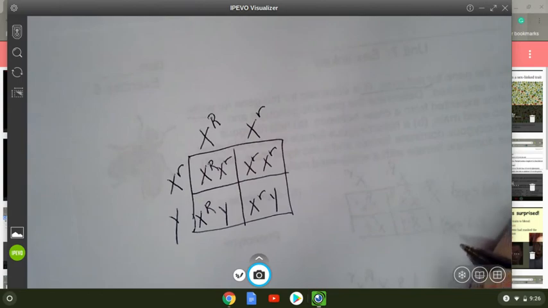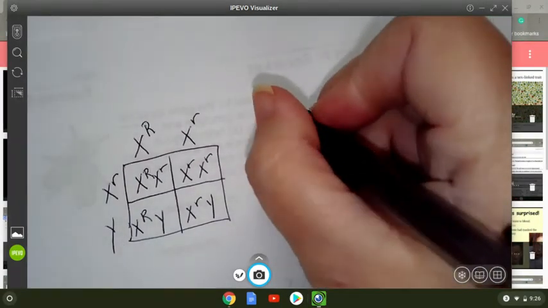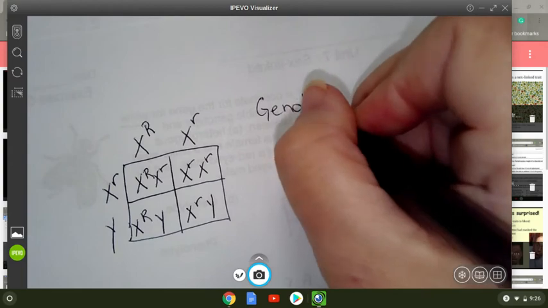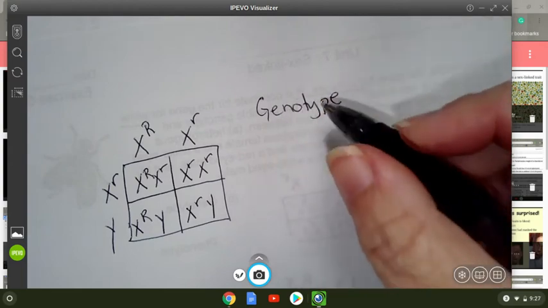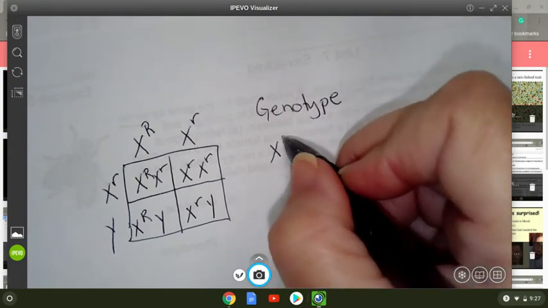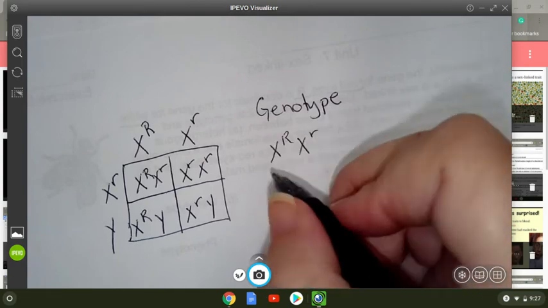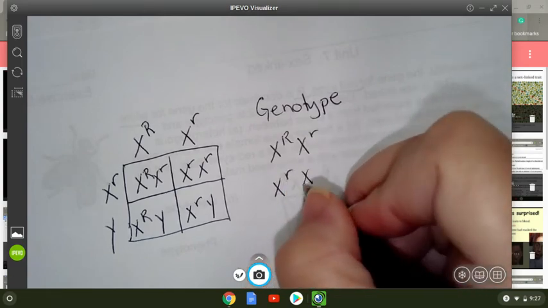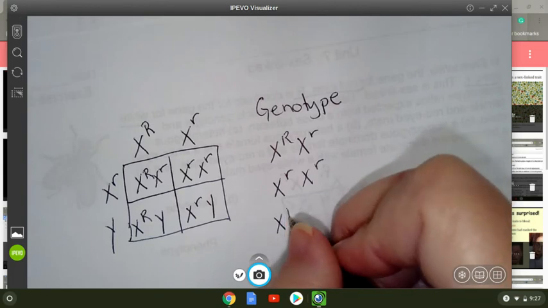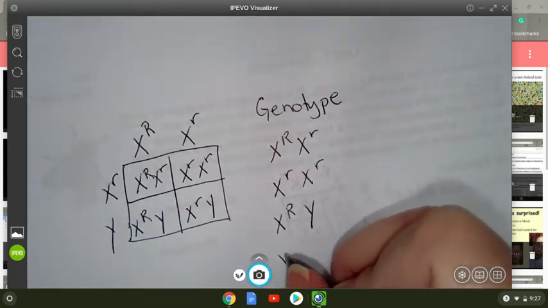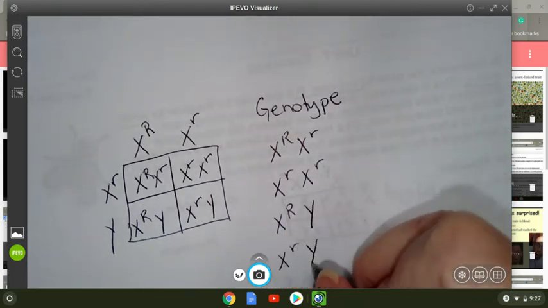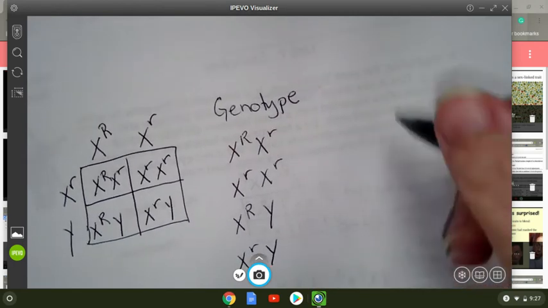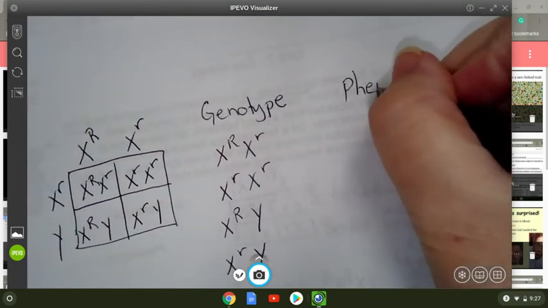Then we're going to do our genotype. So we have an X big R, X little r, X little r, X little r, X big R Y, X little r Y. And then we're going to do our phenotype.